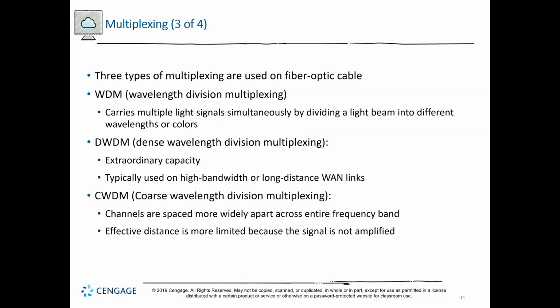Well, we do the same type of thing on fiber optic cables. So we call it wave division multiplexing. We send different light beams or different colors into that fiber. Dense wave division is kind of the more expensive, if you want to think about it that way.